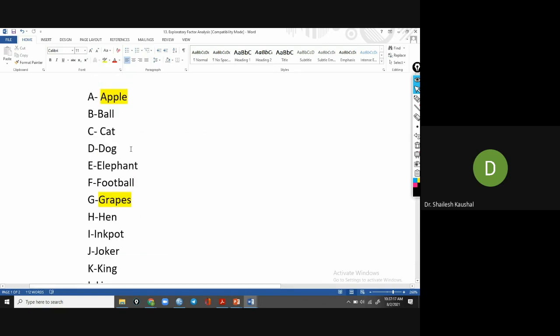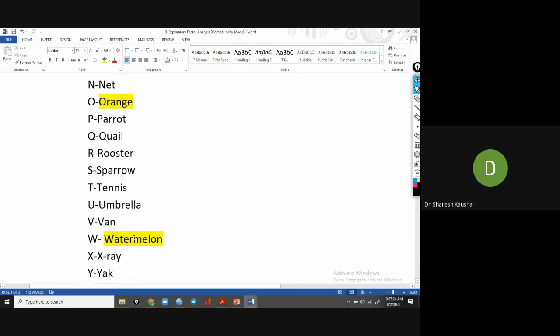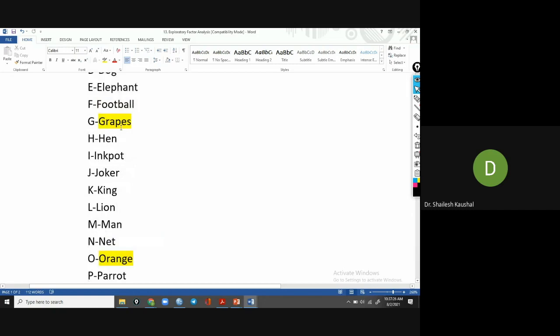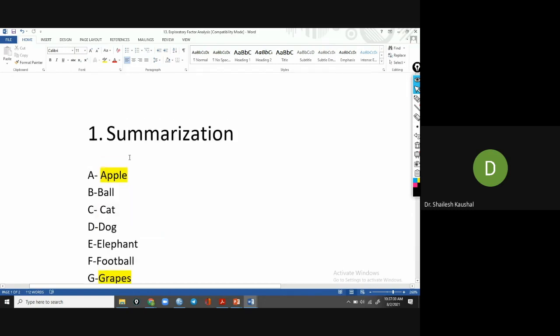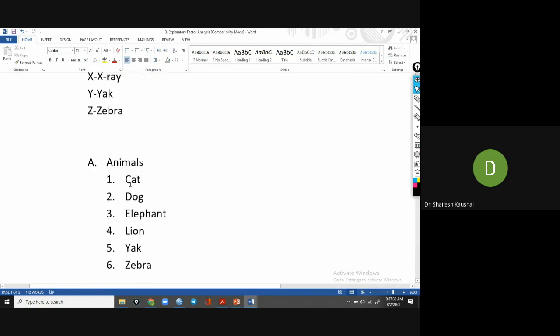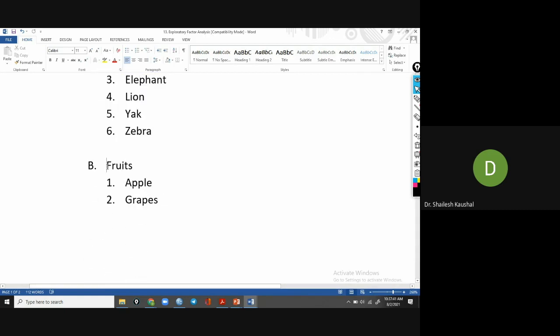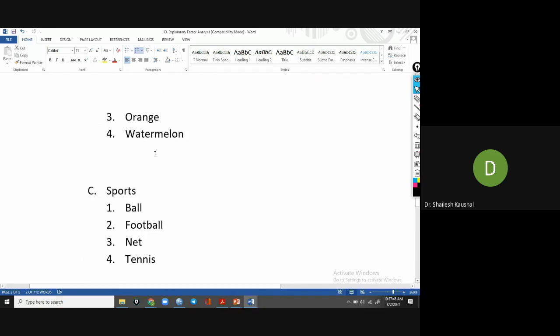Same nature: apple, grapes, orange, and watermelon. So we club the same type of questions here, and we give the name. Summarization means naming. What should be the name of these four words? The suitable name is fruits, because all are related to fruits.